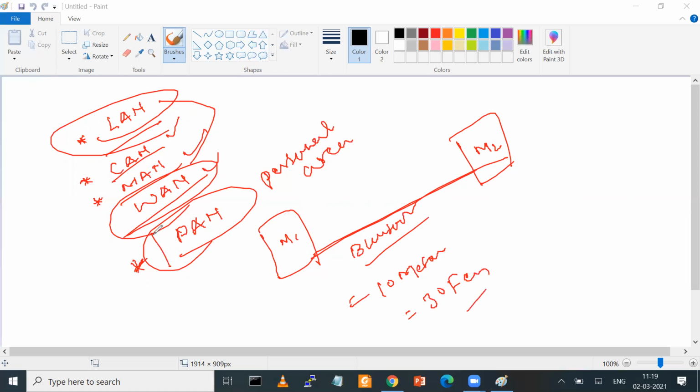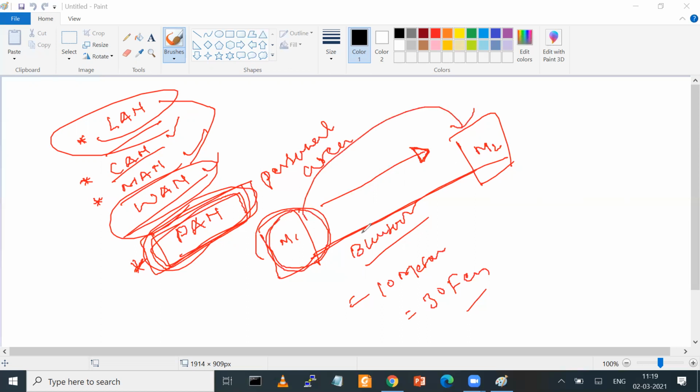So such a network we call PAN or personal area network. Very limited, very short range communication. Let's say I'm trying to share one song from mobile 1 to mobile 2 via Bluetooth. Such communication we called personal area network or PAN. In this case, our two devices are connecting, but the range is quite short, very limited. So if I try to connect my personal stuff and the range is very limited, such a network we called personal area network.